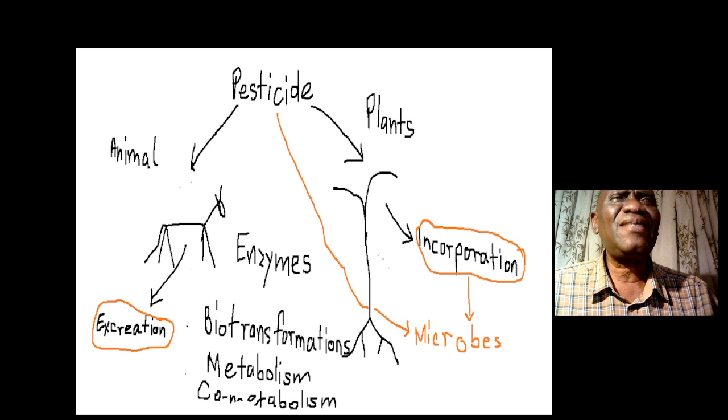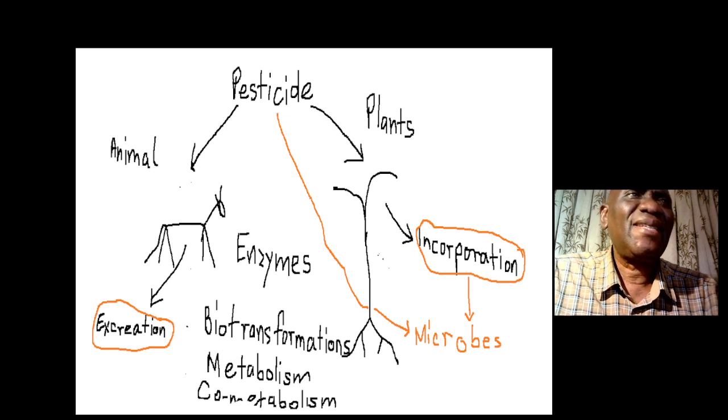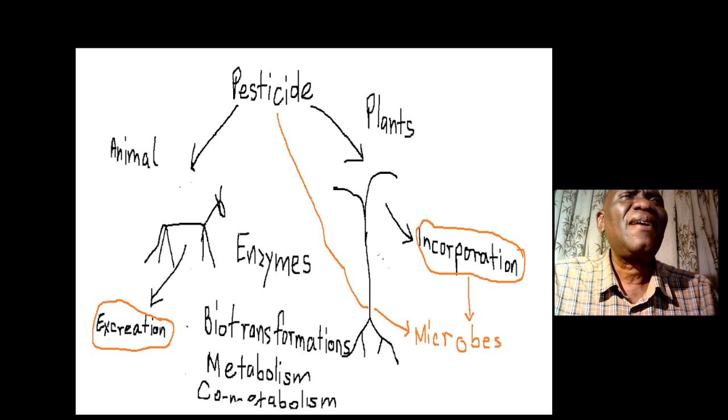And then these microbes can work on the byproducts of the pesticides, and usually we may end up with the nitrogen and the carbon dioxide, or simply carbon and nitrogen will be formed in the end, probably oxygen.